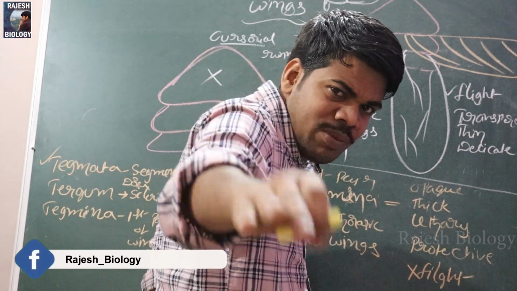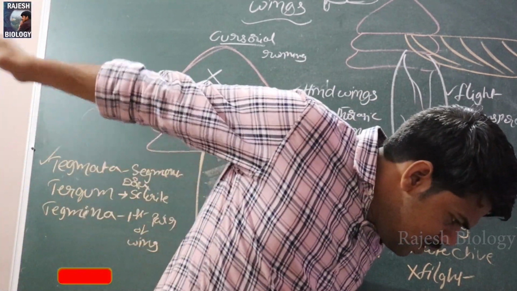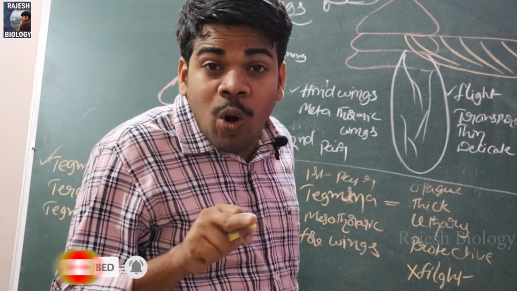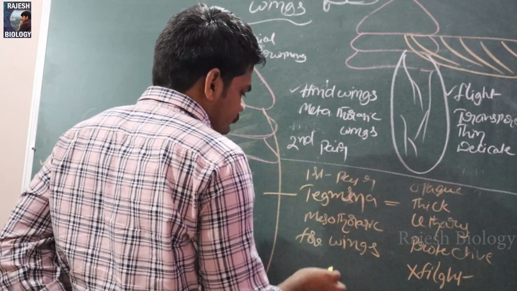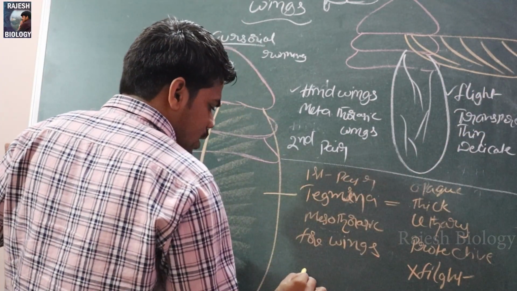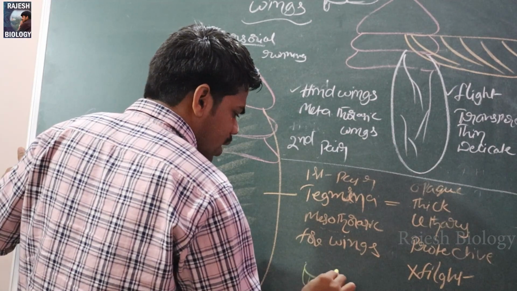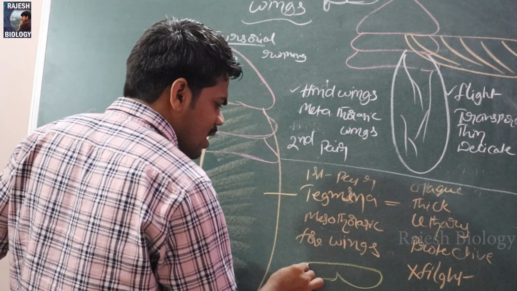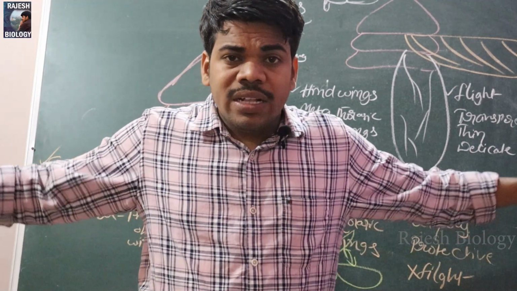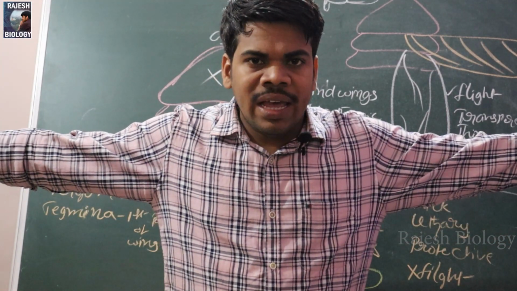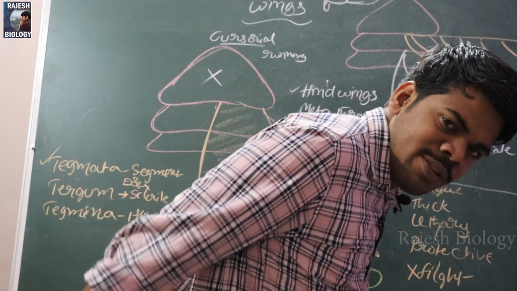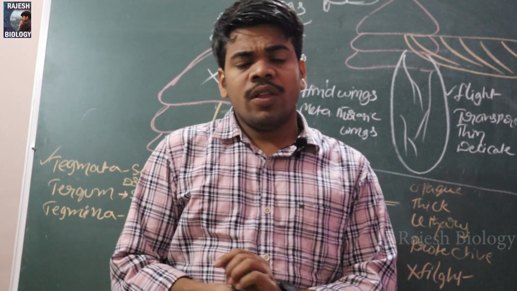The wings are moved up and down, parallel to the body axis. So the hind wings fly in this manner. At that time the forewings are moved aside, which do not help in the flight. The hind wings are in this manner. Like that, cockroaches fly.